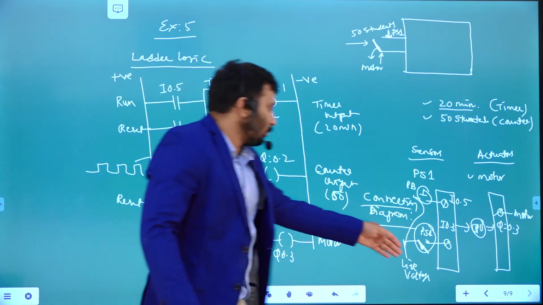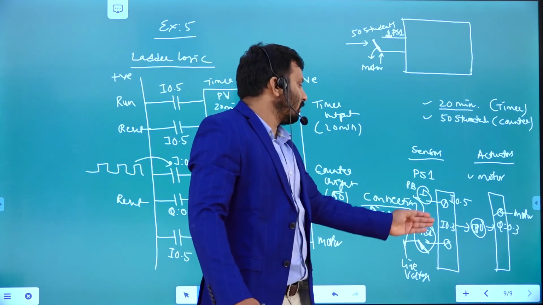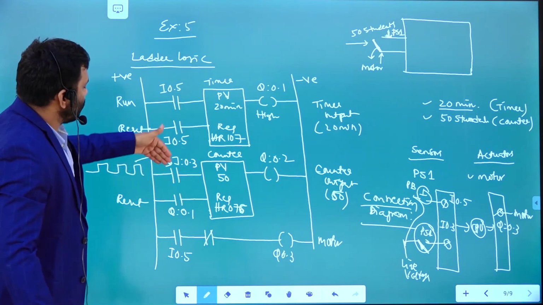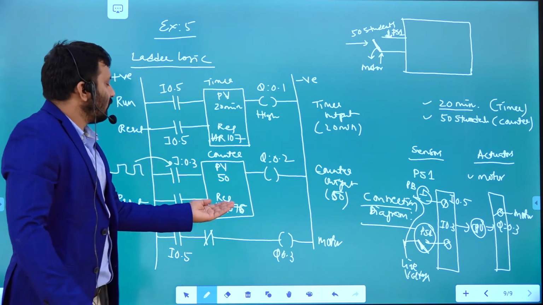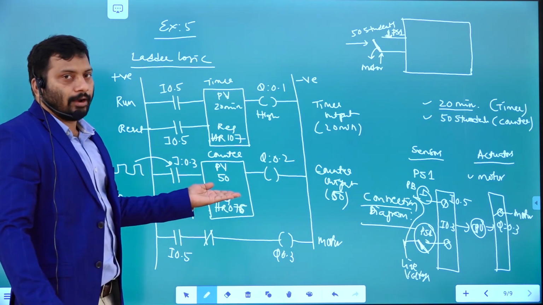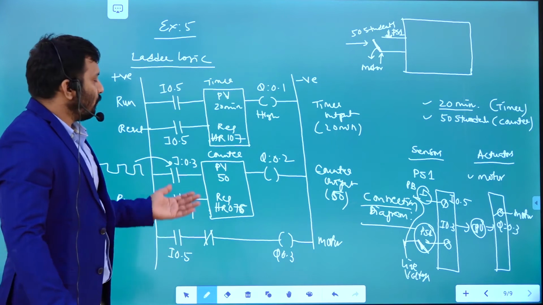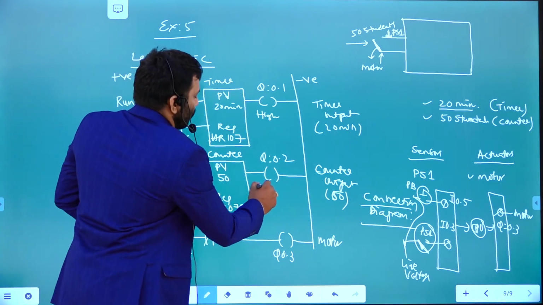That means it's going to be closed once someone enters, giving a high value. For every one input pulse to this terminal, the value in the holding register increments, and it keeps incrementing until the preset value 50. Once it reaches 50, this output is going to be high.